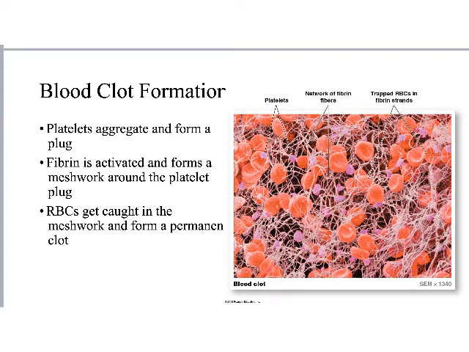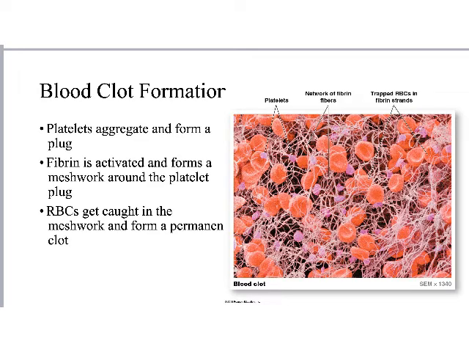And I talked about this in the previous lecture of the heart when we were talking about a myocardial infarction and how we give people aspirin to make the platelets less sticky so that they don't stick together and form a clot. That's because, as you can see here, step 1 is really for those platelets to gather together and stick and form a plug. And so aspirin prevents that, and that's why we give aspirin during a heart attack.